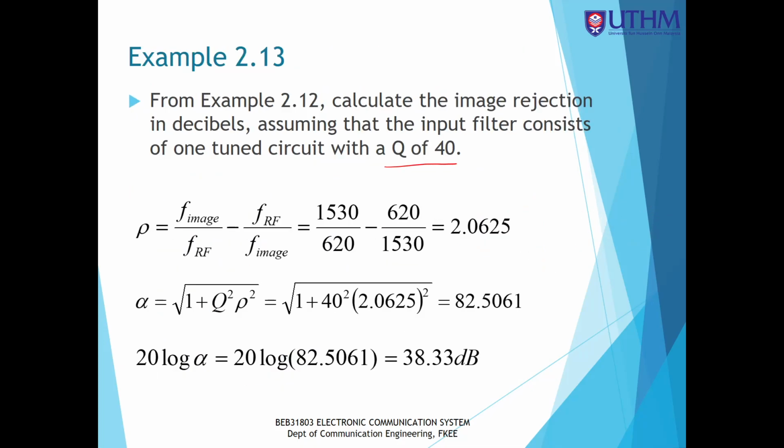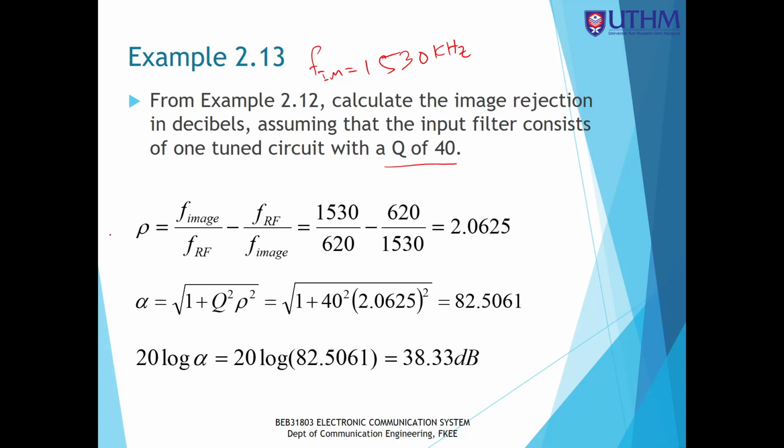So 1530 is from the previous F image. So we can find the image rejection ratio in decibel.